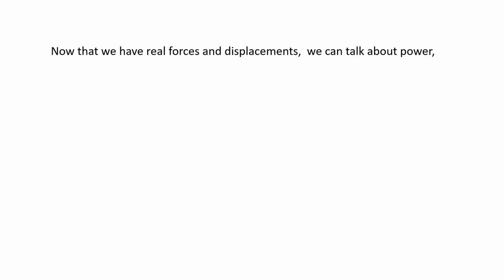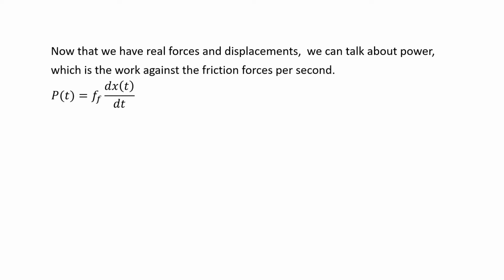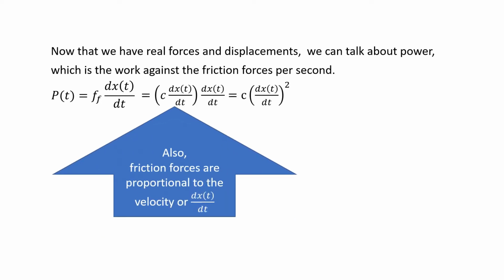Now that we have real forces and displacement, we can talk about power, which is the work against the friction forces per second. That equals the product of the force by the speed. Also, friction forces are proportional to the velocity, the x derivative against t.